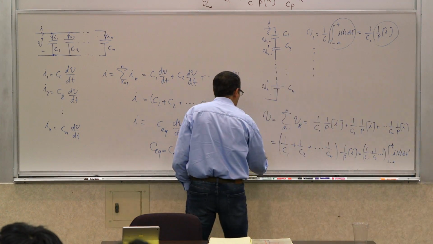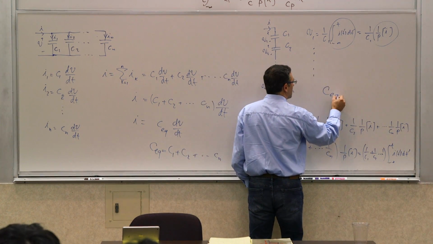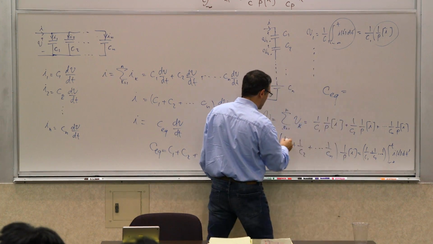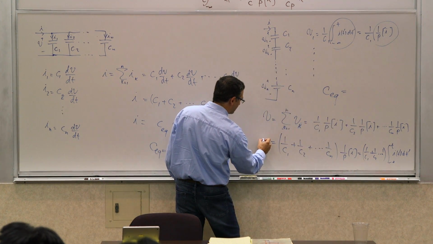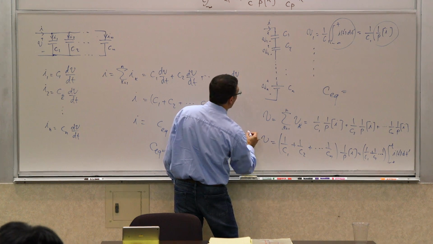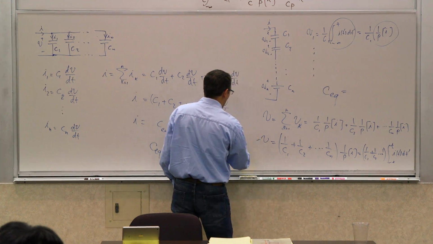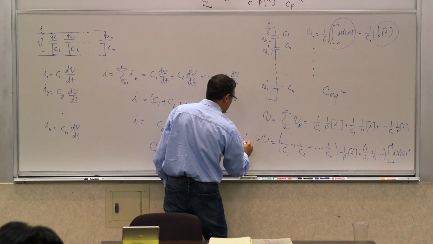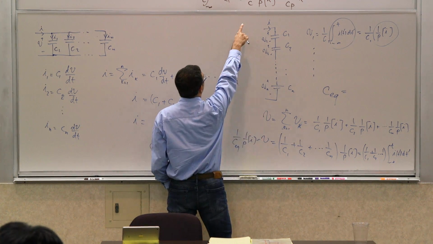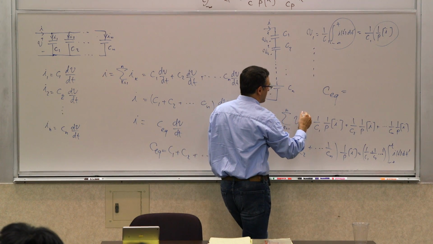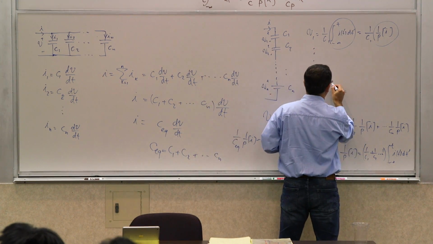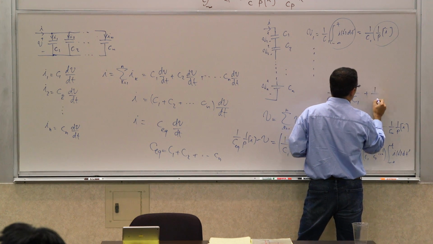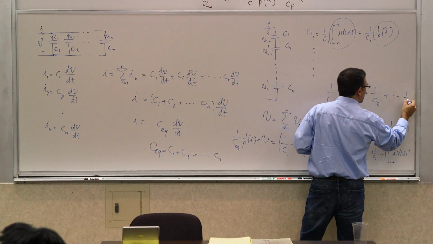Which means that the C equivalent is, or more accurately, 1 over C equivalent, because this is now V, which is going to be what? V is 1 over C equivalent times 1 over P of I, right? That equation. So more accurately, 1 over C equivalent is equal to 1 over C1 plus 1 over C2 all the way to 1 over Cn.